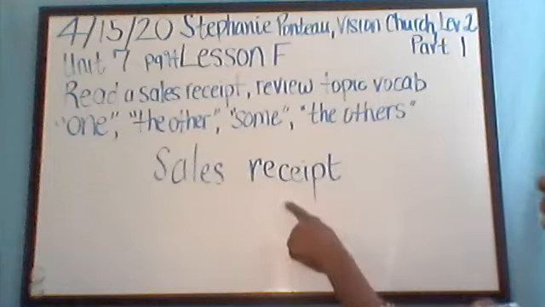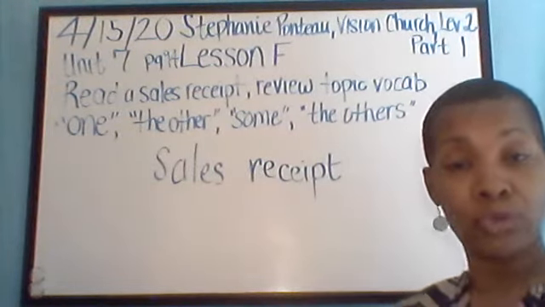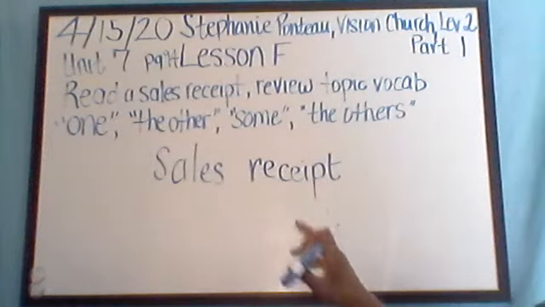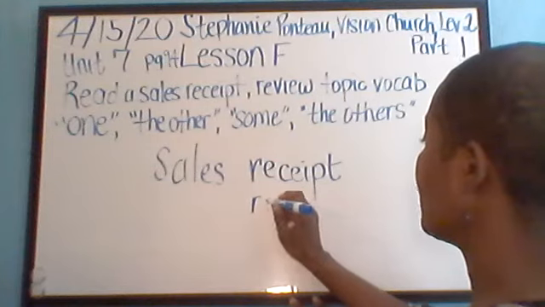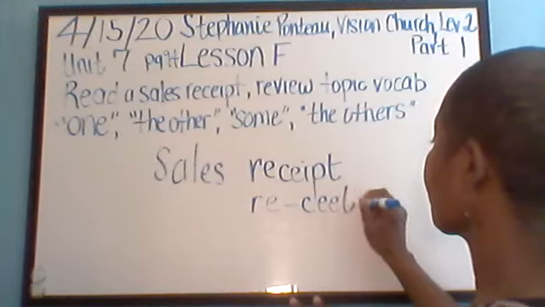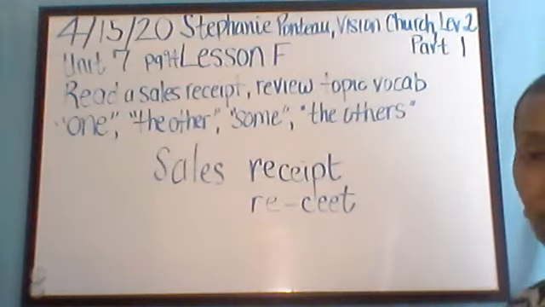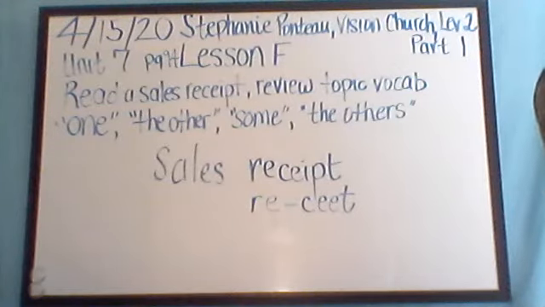Sales receipt. And the way you pronounce receipt, you might want to write this word in the back of your notebook. The P is silent. It's receipt. That's the way this word is pronounced, receipt. This P is silent. So what is a sales receipt?